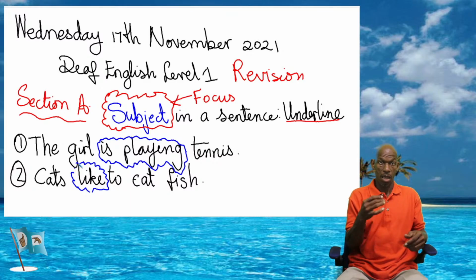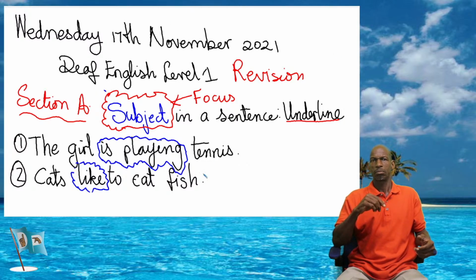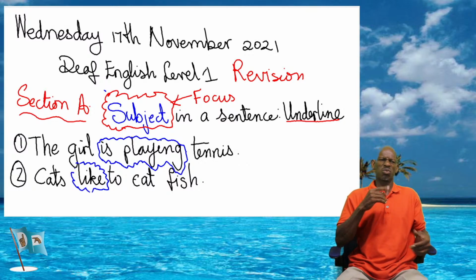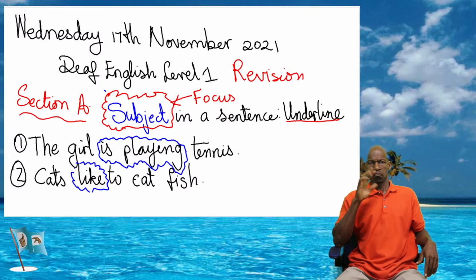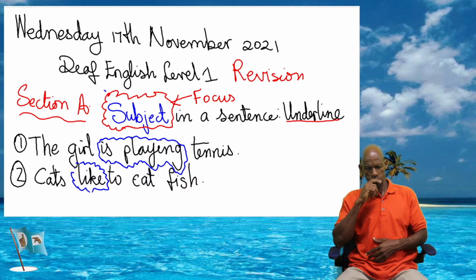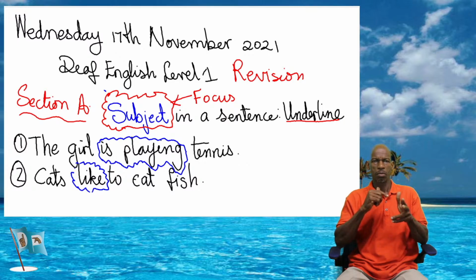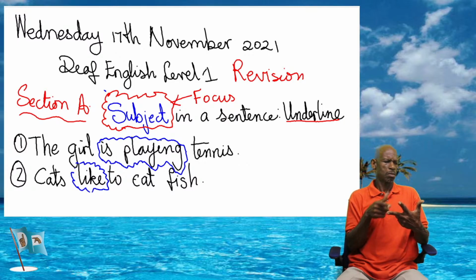You ask the same question: who likes, or what likes? When we ask that question, we will get the answer, which will be the subject of the sentence. So underline the subject of the sentence.